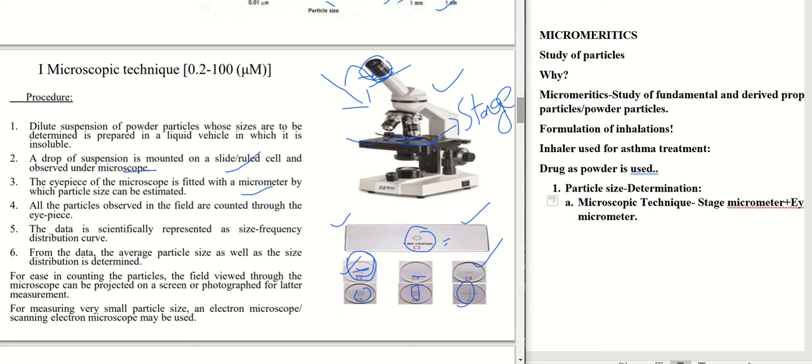So we have a slide on the stage with the sample, and we are observing the slide through the eyepiece which has the micrometer. Now all the particles are observed through the microscope, and we just need to move the slide and count the number of particles.